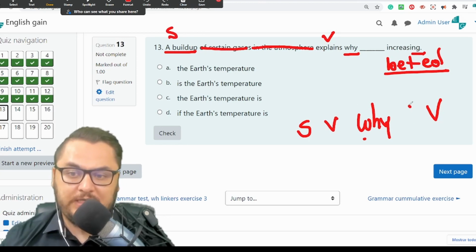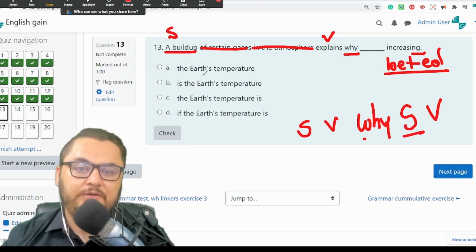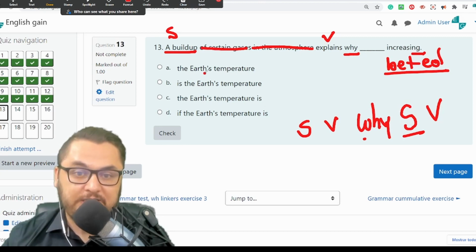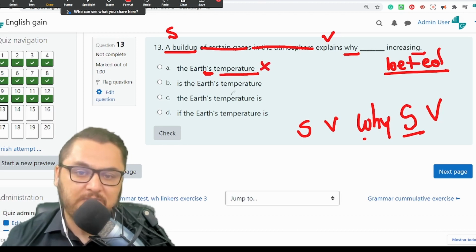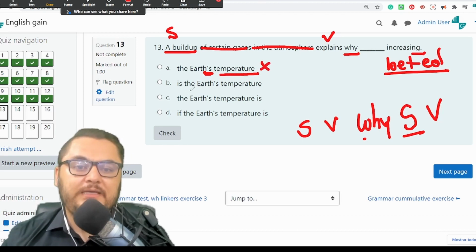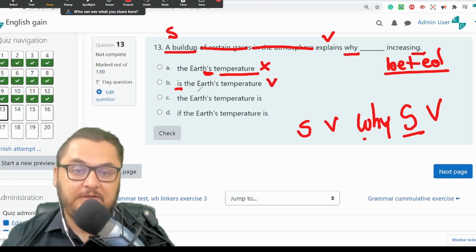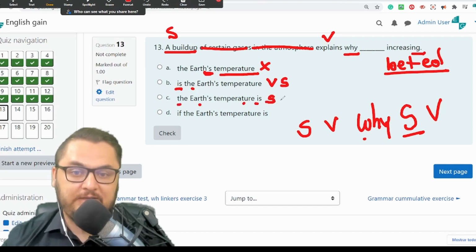So all I need to check up here is a subject. The earth temperature is just a subject. Remember, this is not a subject. It will be this one. This is an adjective. Again, and still it's not working for me. Is the earth's temperature. That has a verb and a subject. The earth's temperature is the subject and the verb.